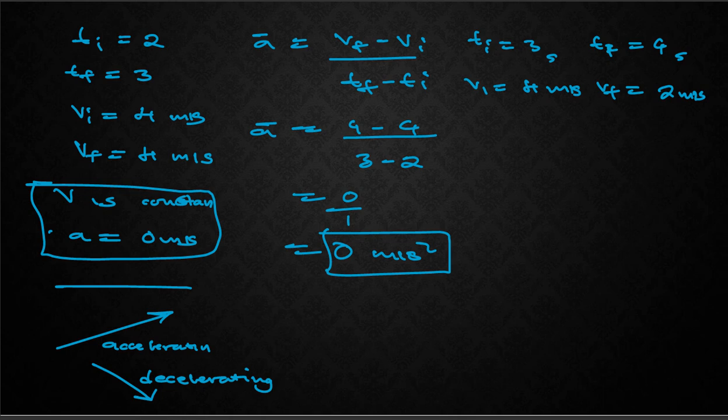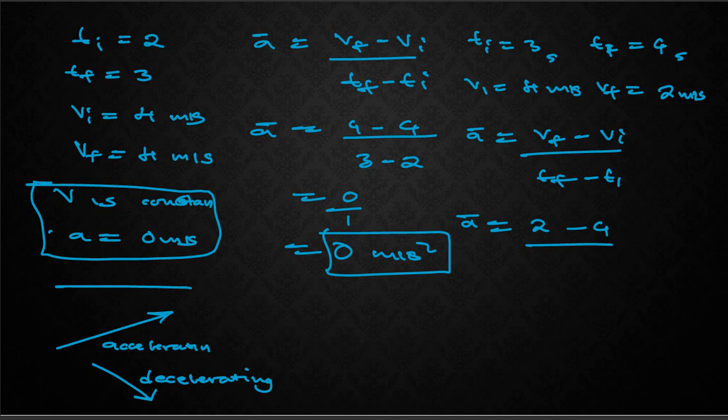All right, so how do we get it now? We get back to the formula: acceleration is V final minus V initial over T final minus T initial. Our V final is 2 and our V initial is 4.